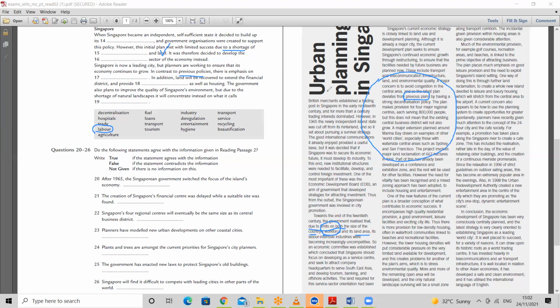Okay, now let's read the paragraph. It says a major concern is to avoid congestion in the central areas, and so the latest plan deviates from the previous plans by having a strong, a strong. So it refers to something like emphasis, a strong policy. What kind of policy is that?